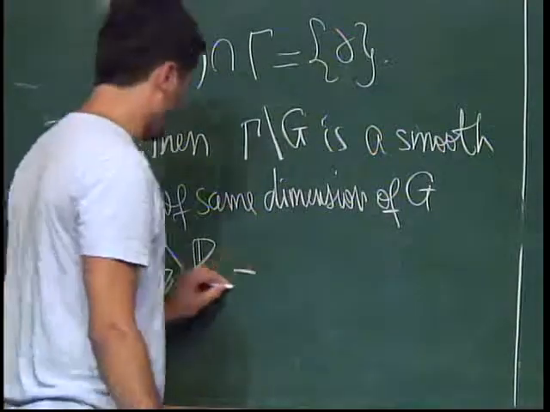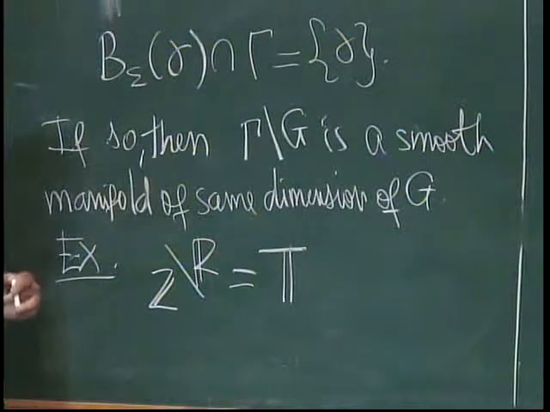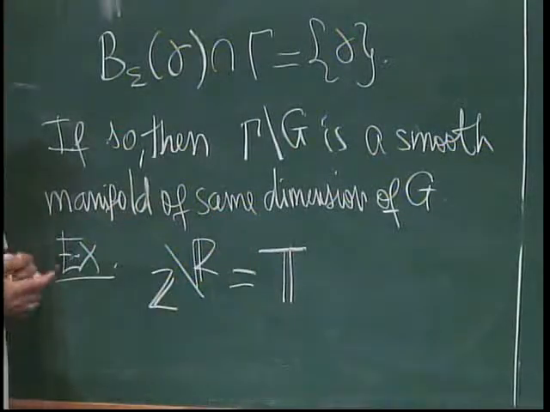This quotient, we know, is the one-dimensional torus, and we know that it is a smooth manifold of the same dimension as R.